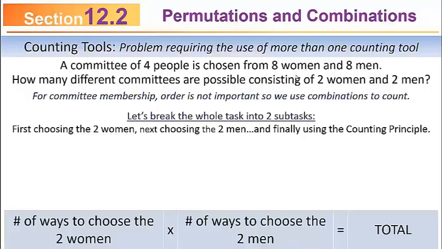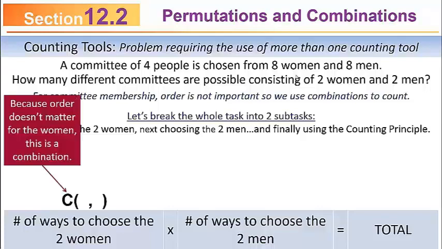In other words, the first stage of the process is the number of ways to choose the 2 women. The second stage is the number of ways to choose the men. And we find those 2 quantities, we multiply them together by the counting principle, and that gives us the total arrangements.